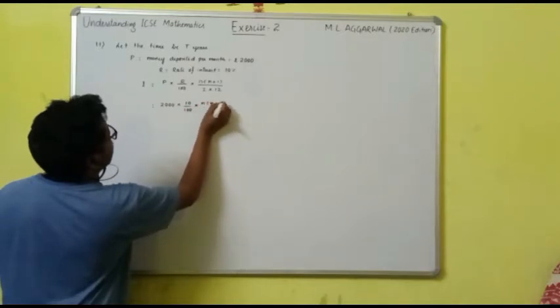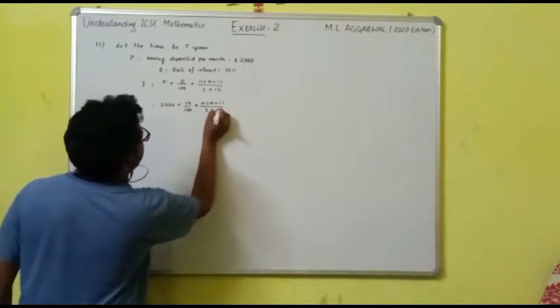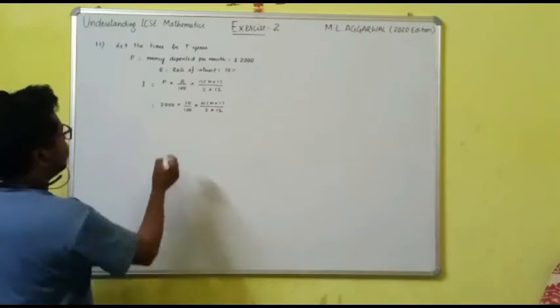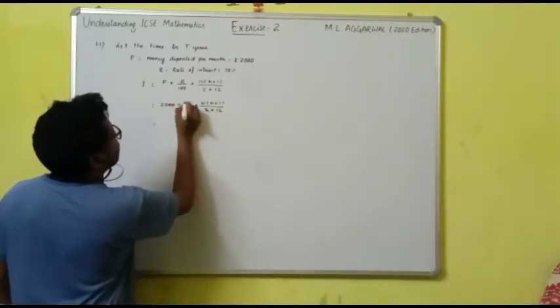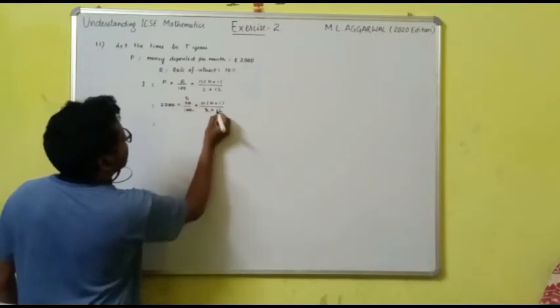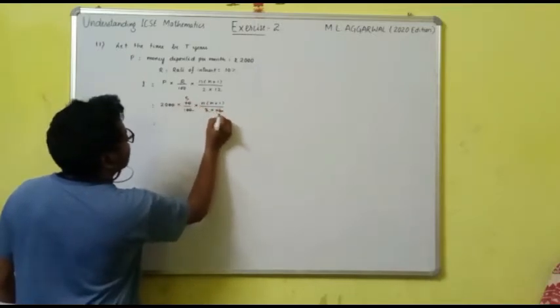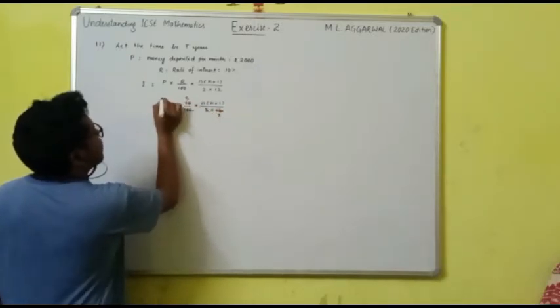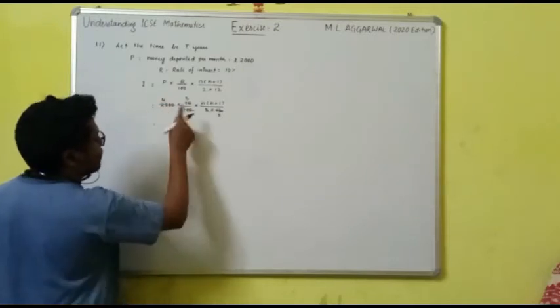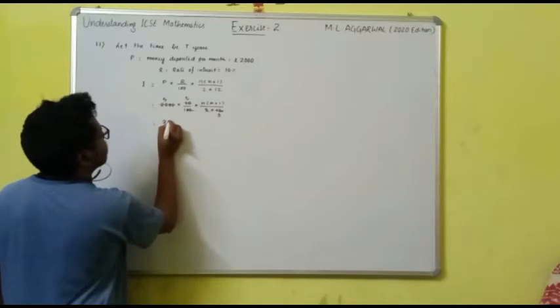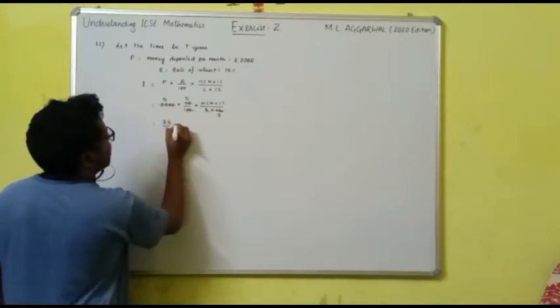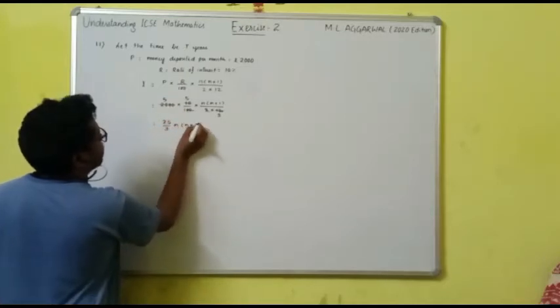So n into n plus 1 by 2 into 12 you write. Then now 0 cancel, and the result is equal to 25 by 3 n bracket n plus 1.